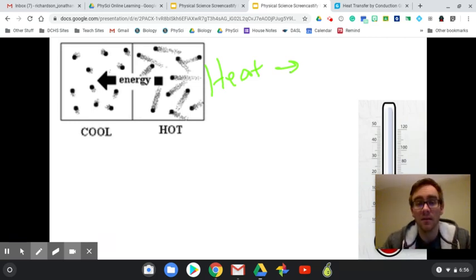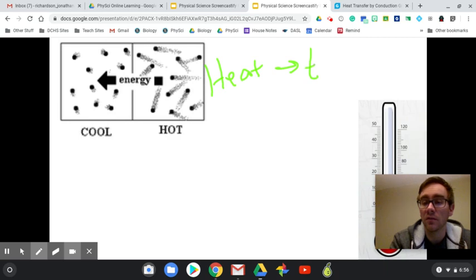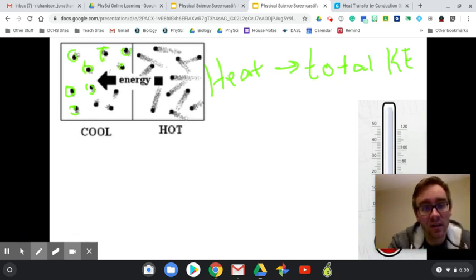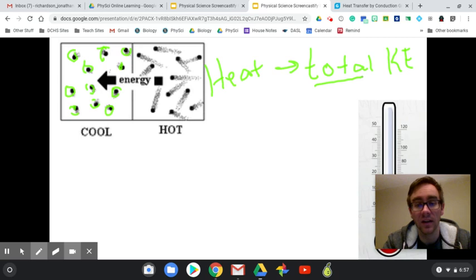Heat is a measure of the total kinetic energy of the particles. That is literally taking every one of these particles, finding out how much kinetic energy each one has, and adding it up. Total kinetic energy.